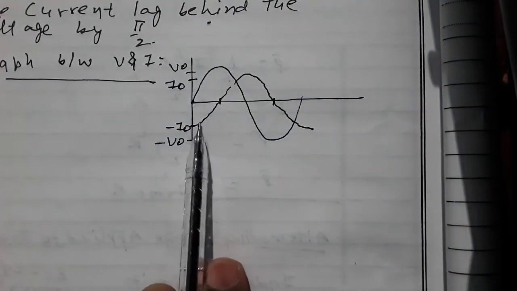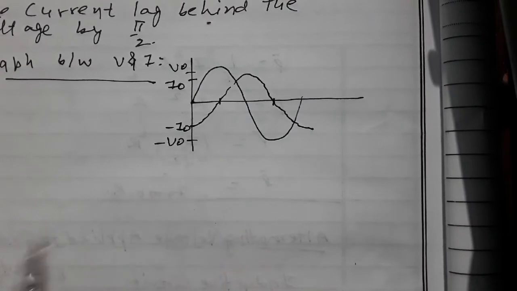The current lags behind the voltage by pi by 2, so it starts from minus I naught.